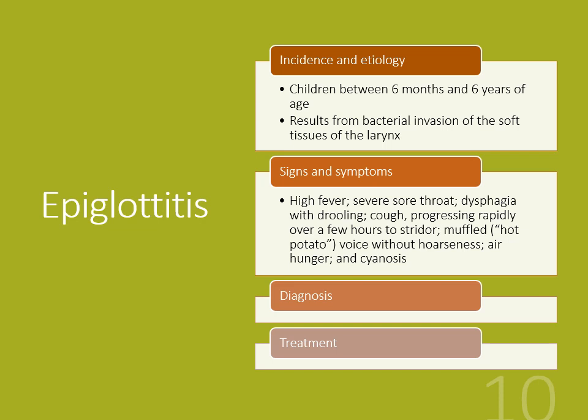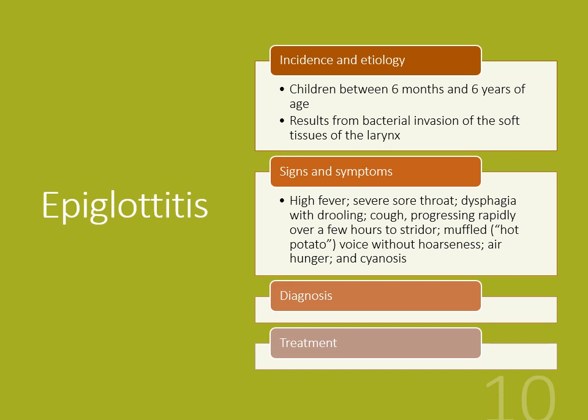Diagnosis of epiglottitis must be assumed based on the clinical presentation, because manipulation or agitation of the child can trigger complete upper airway blockage, and unnecessary diagnostic procedures should be avoided. No blood gases or chest x-rays.